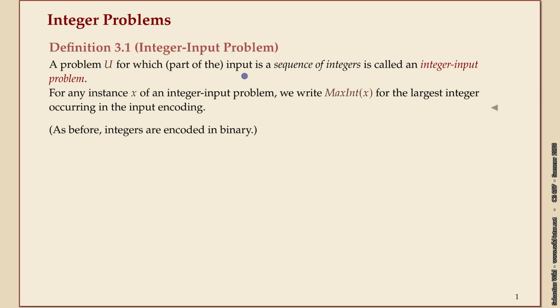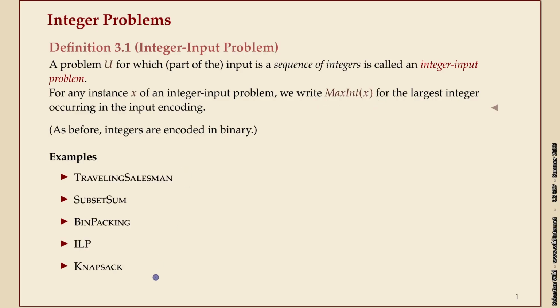All that we really need here is that for a given input, I can say what's the largest integer that occurs as part of this instance, max int. We've seen some examples before, and if we pick TSP as the prime example, max int would just be the largest distance that occurs in your distance matrix.